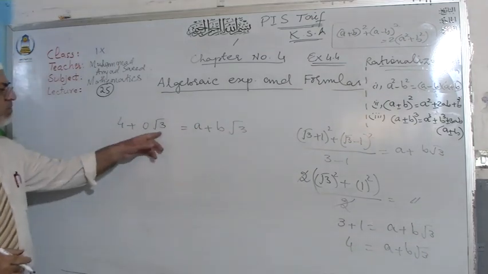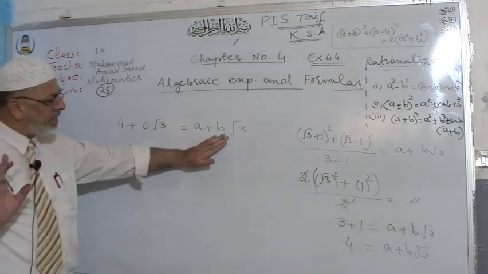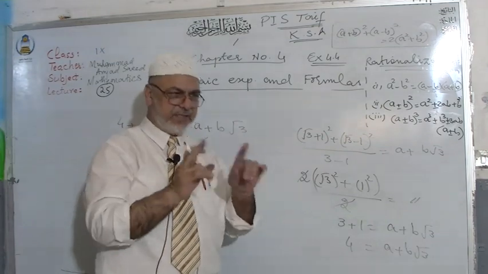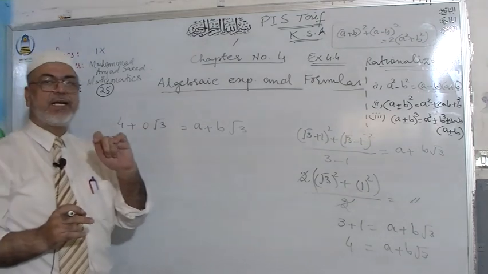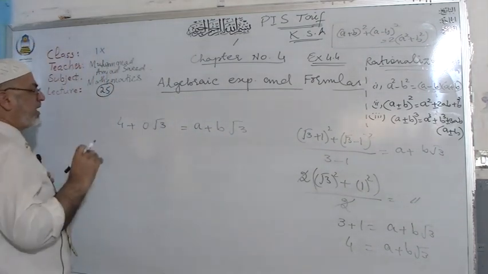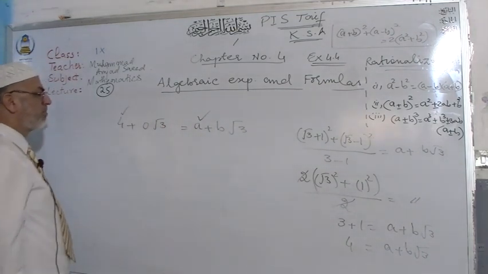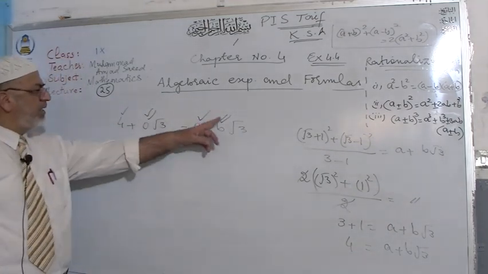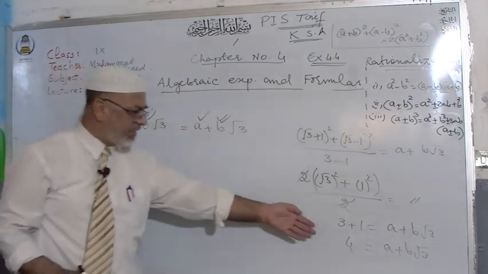Check that 0 into root 3 is 0. But we have written left hand side exactly according to right hand side. We have made similar terms on right and left side so that we can compare. And after comparing, first is equal to first and second is equal to second. Root 3 same. But here multiplied by 0, that will be 0 and you will get this 4 again.